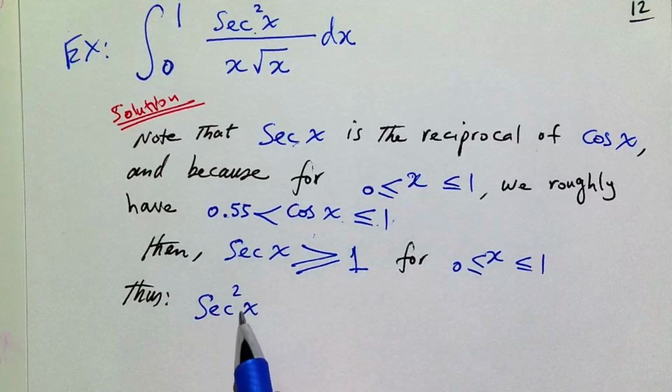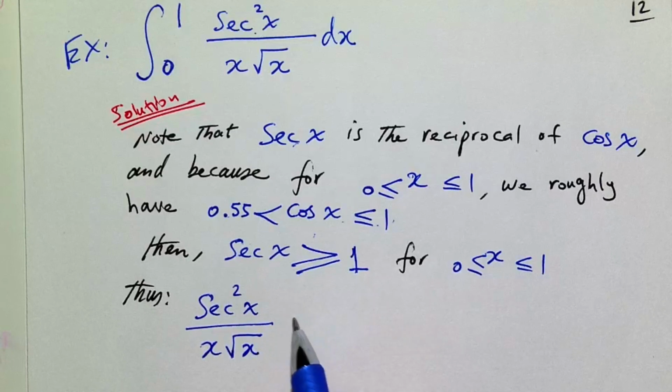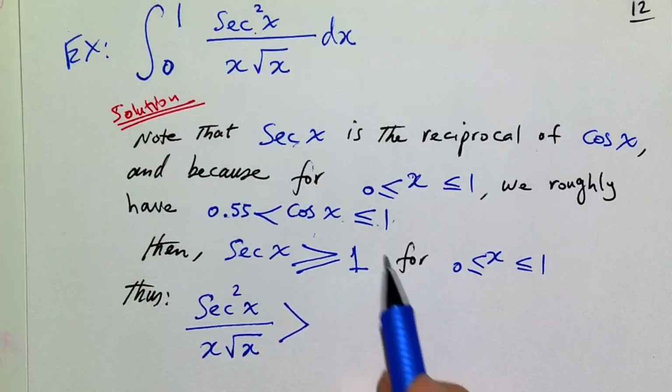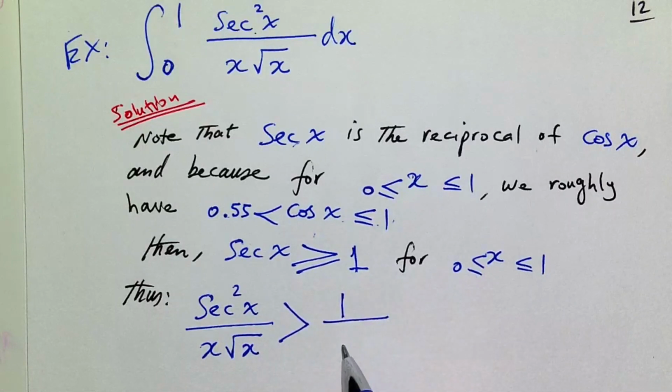So secant squared x over x times square root of x is definitely a larger value than 1 divided by, and this is, by the way, x to the 3/2 power, right?